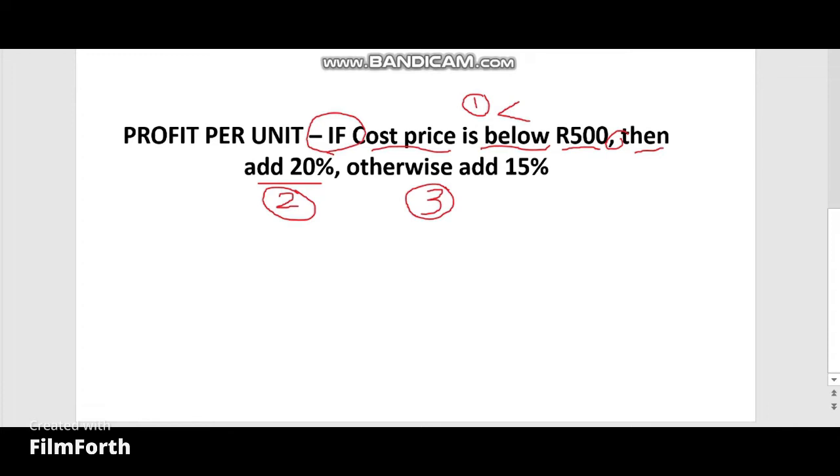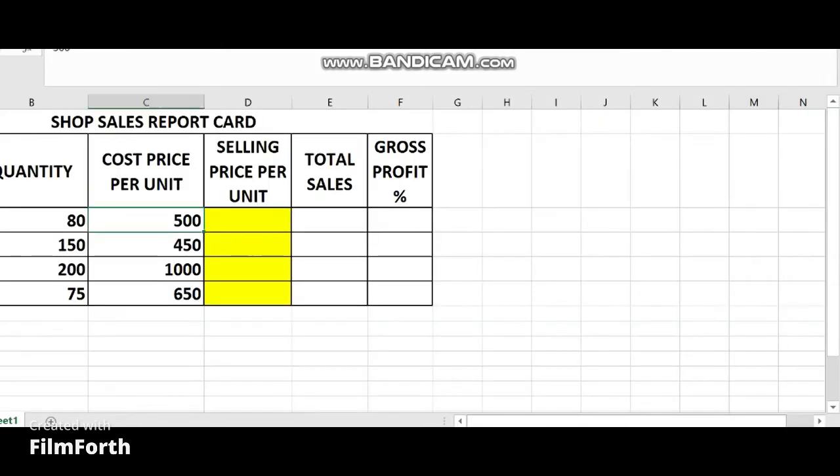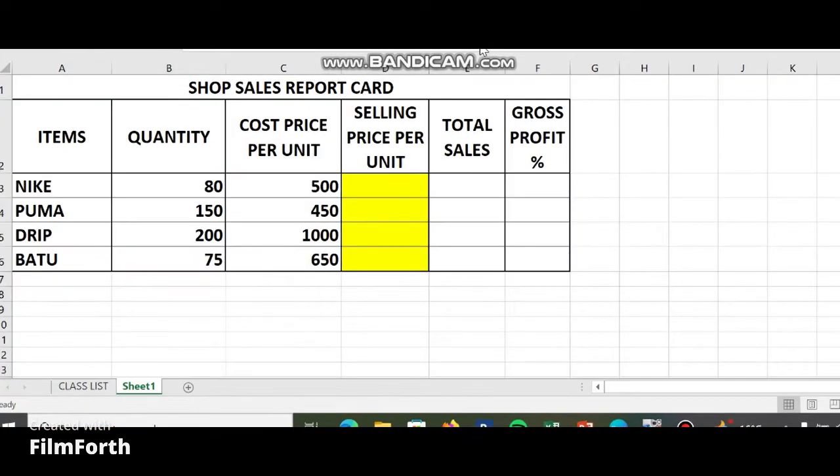So it means you're going to add the 20% on top of the current cost price, so that the cost price becomes the selling price. So let us go to the spreadsheet. Now it means this column must be the selling price. We must convert this amount into a selling price by adding either 20% or 15%.